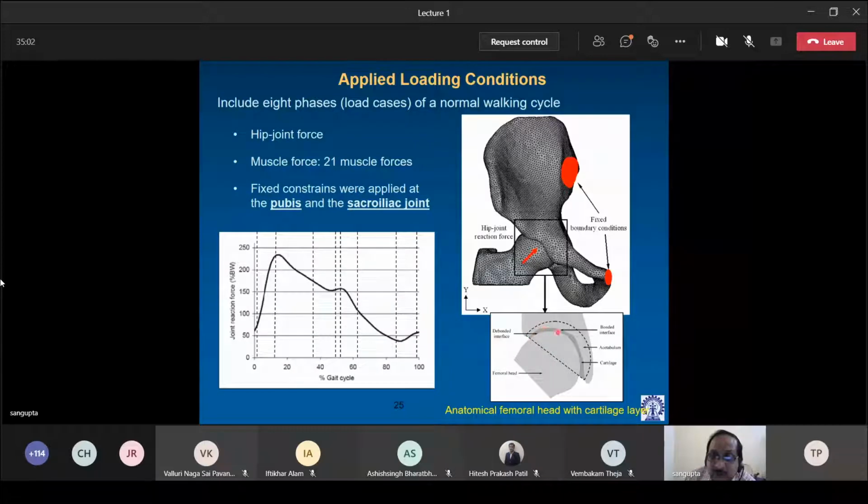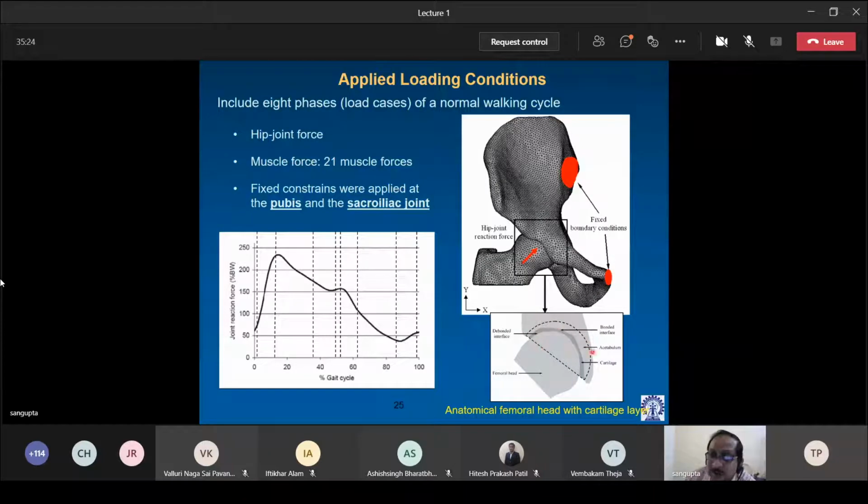And then we have this cartilage layer, which is obviously present in the case of natural bone, so let the structure distribute through the cartilage how the load will be distributed in the acetabular region.